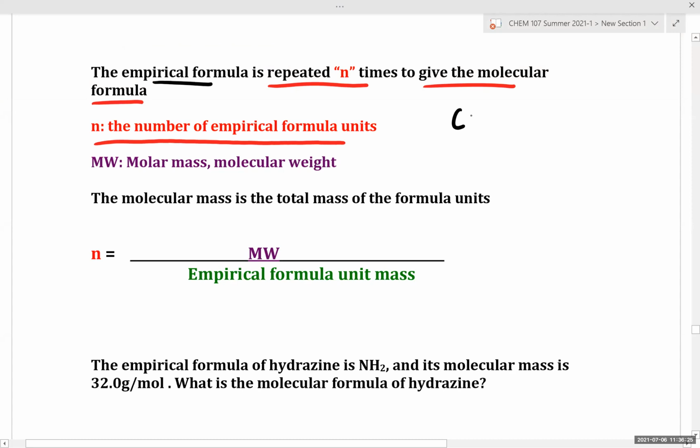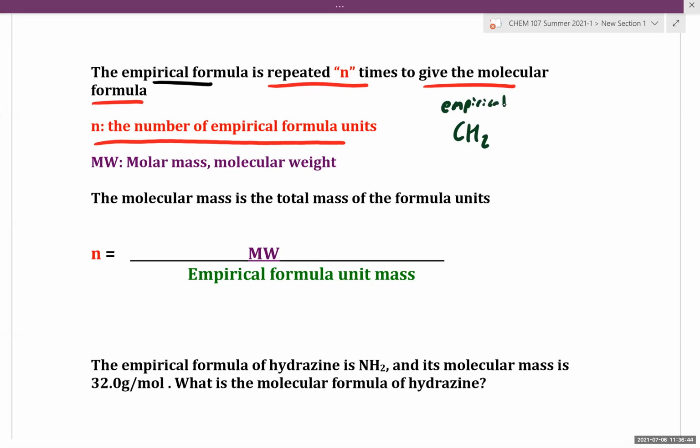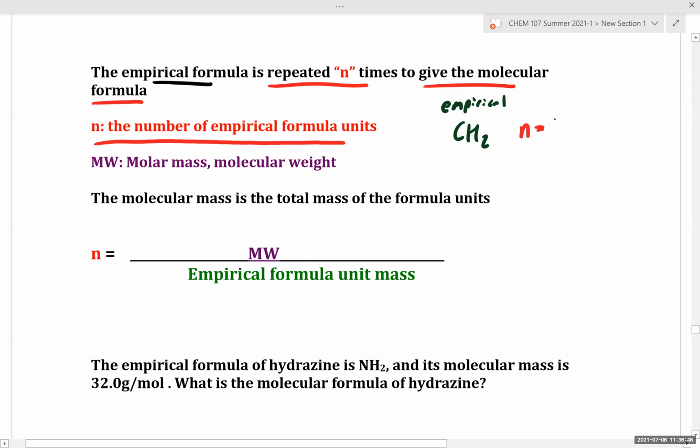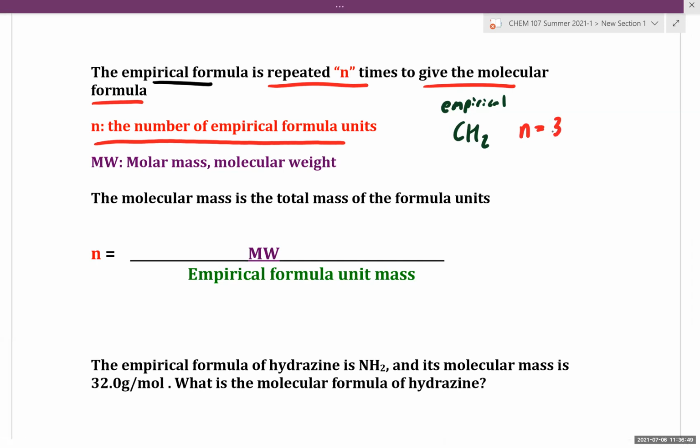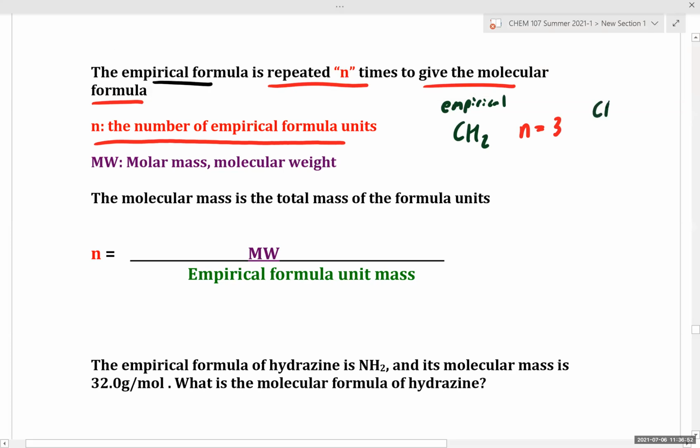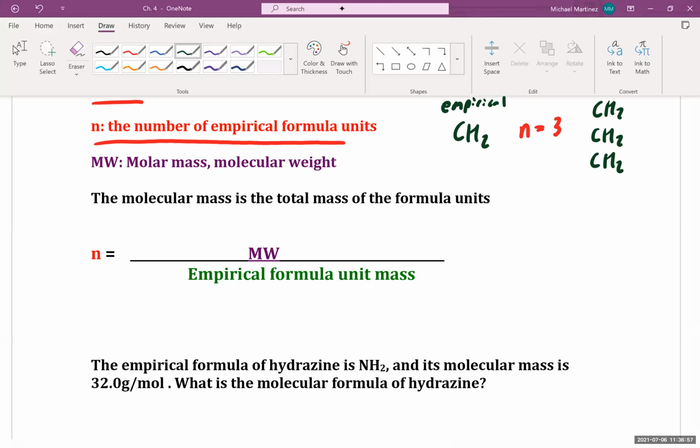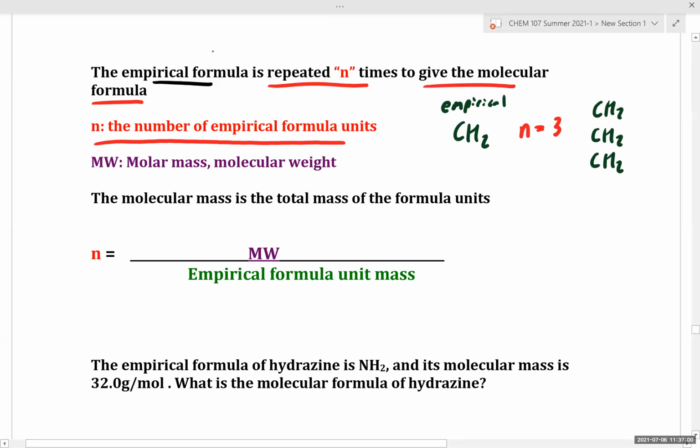So for example, let's suppose we have an empirical formula unit of CH2, and let's suppose we have 3 empirical formula units. We'd have CH2, CH2, CH2, which we can simplify to a molecular formula of C3H6.